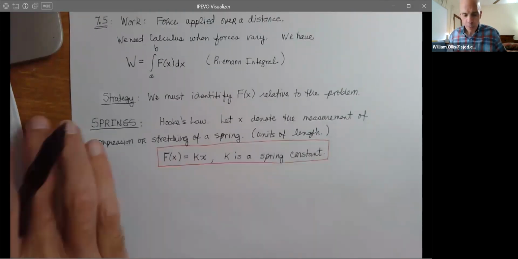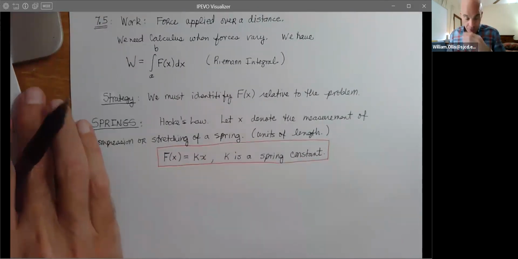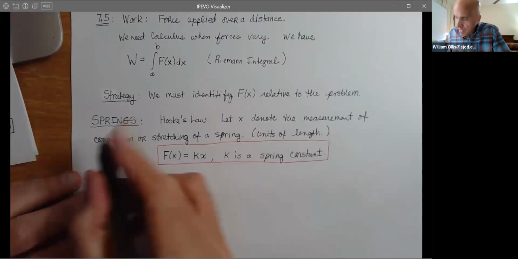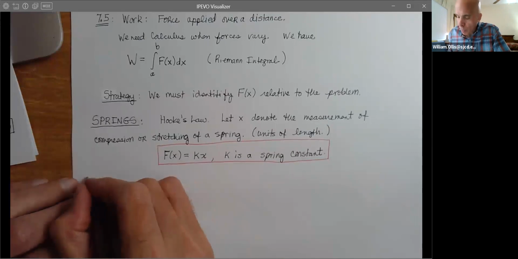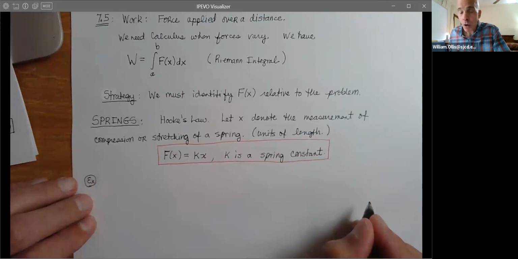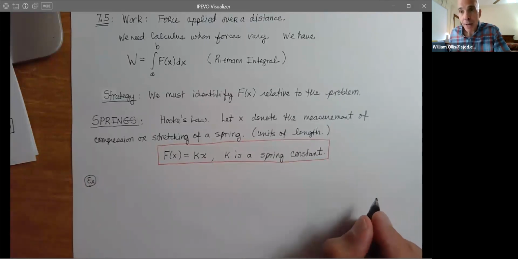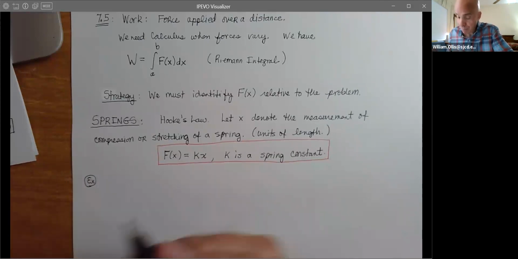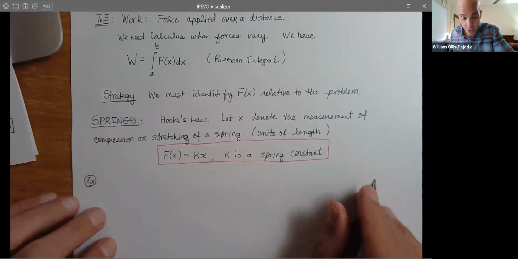And so let's do a couple of simple examples with this. These are from your WebAssign. Again, you'll like these. And these integrals are certainly less difficult than the shell method or the arc length, which require a lot of algebra, but we tend to still get some arithmetic with constants that just kind of pop into the situation.